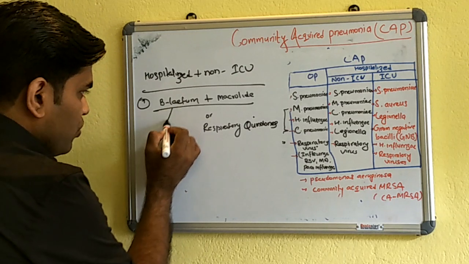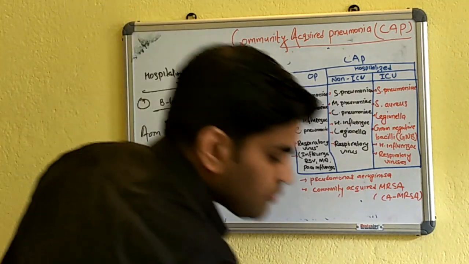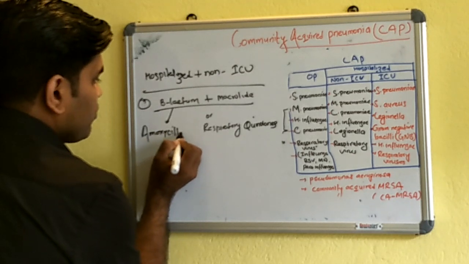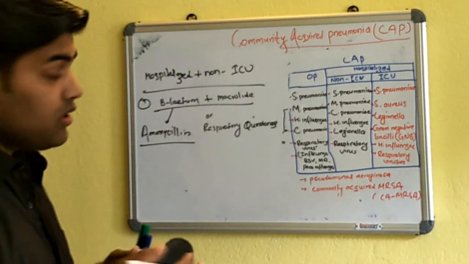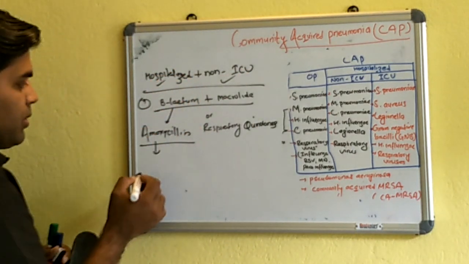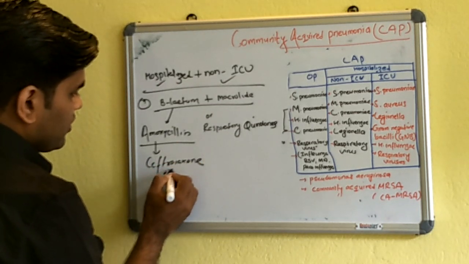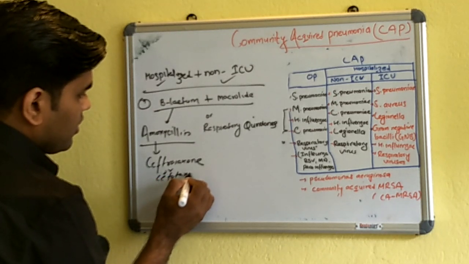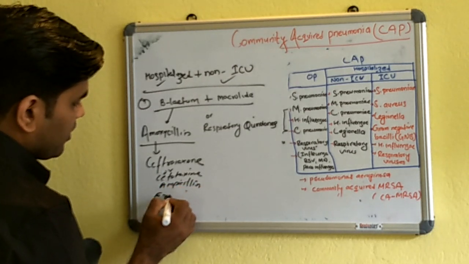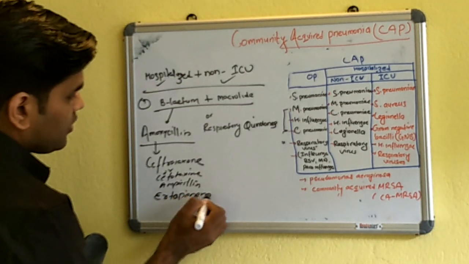The important thing is that your beta-lactam initially in the outpatient was amoxicillin. Now the patient is in the hospital, non-ICU but hospitalized, inpatient. So you can shift this beta-lactam to ceftriaxone, cefotaxime, ampicillin, or ertapenem.